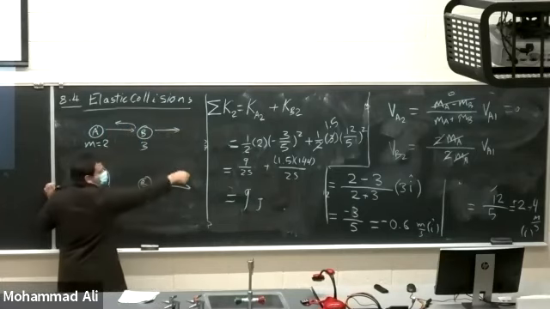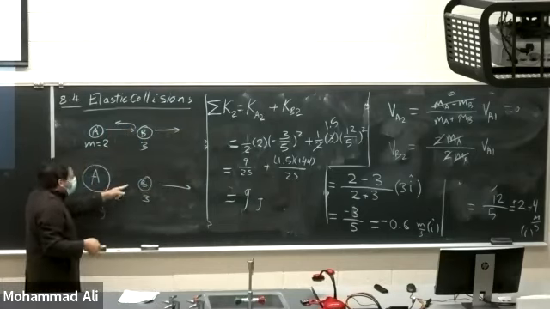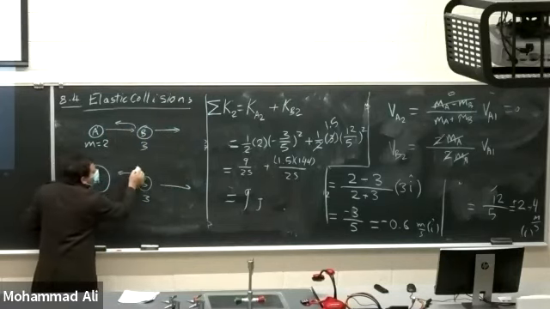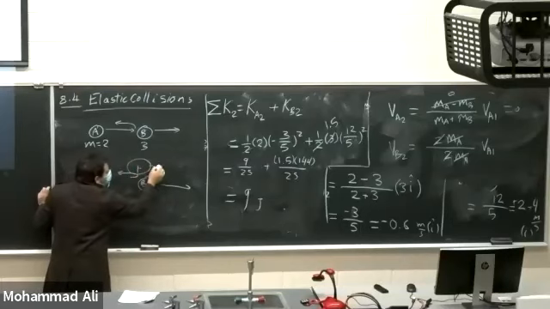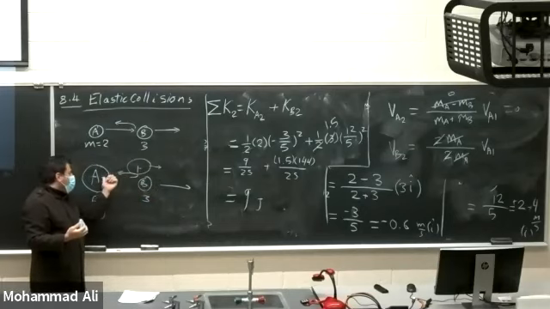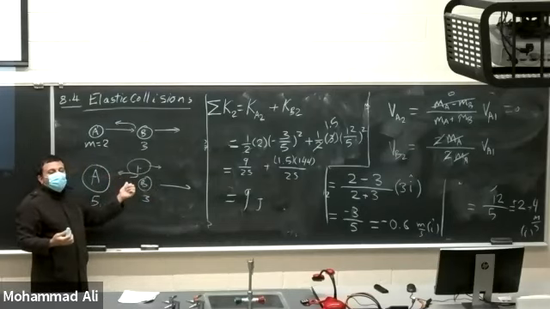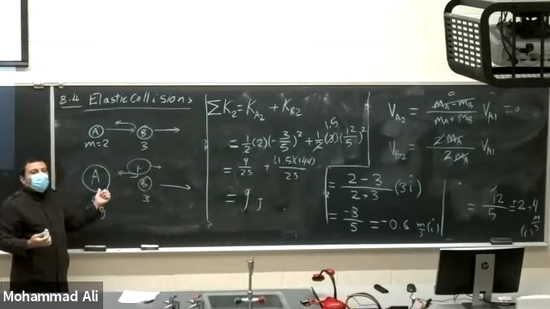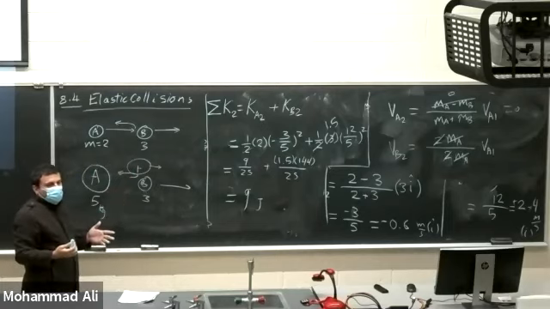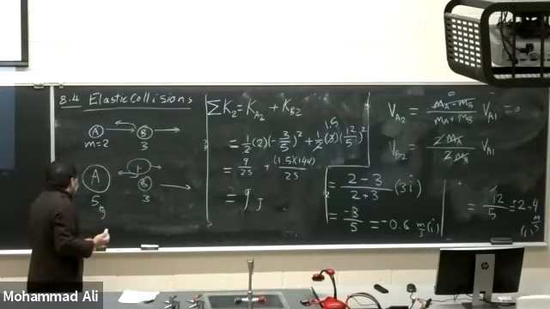But A will not reflect. It will continue its motion in this direction, but slower. So the effect of B on A will not change the direction of A. It will just reduce its velocity. Do you like an example to solve that?